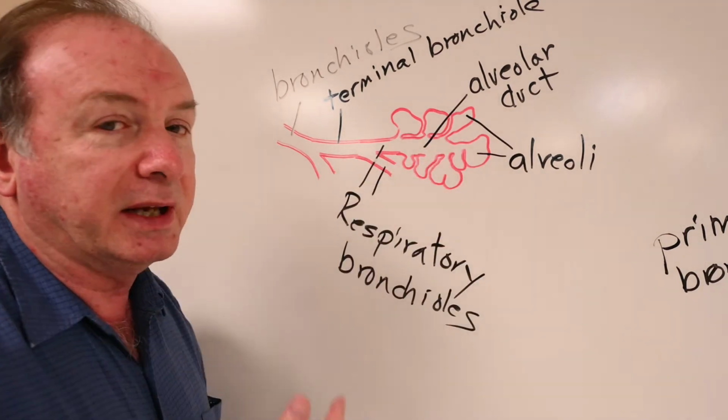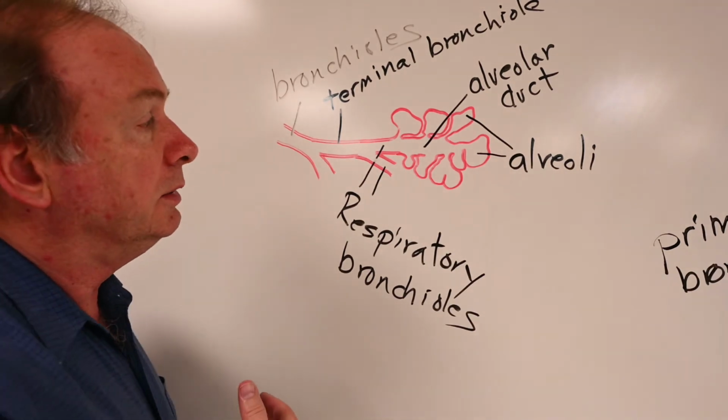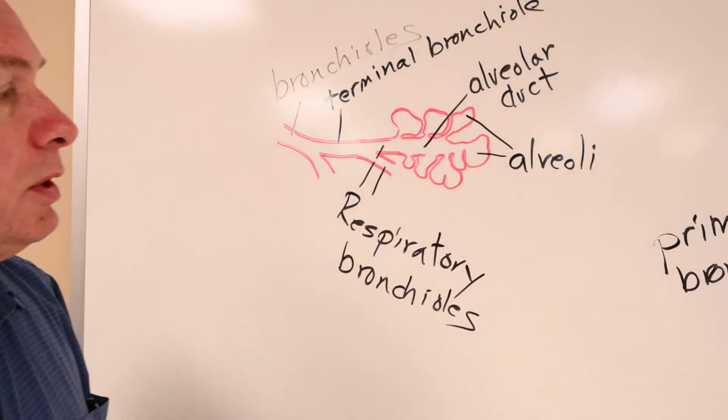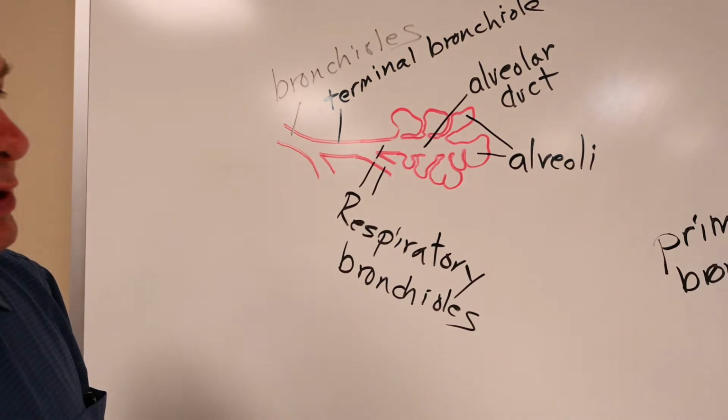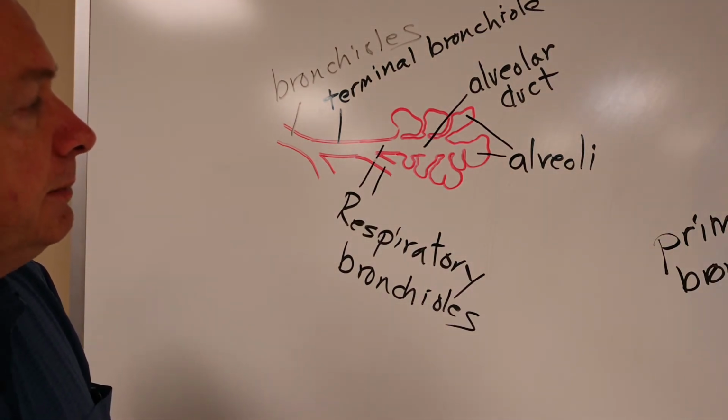That is where you have the exchange of oxygen and carbon dioxide between the blood and the air. So it's down in this part, around those alveolar walls, where you have the true respiration or exchange of gases between air and blood for the body.